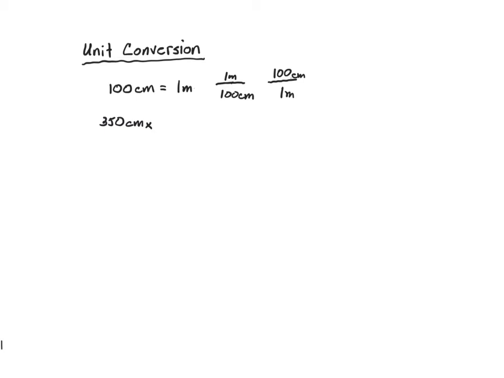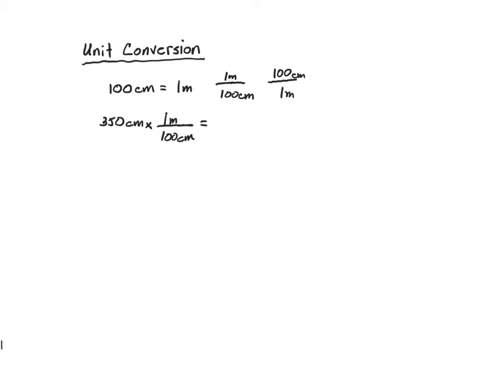Which one do we use? Well, the best way to remember it is that you want to choose the conversion factor where the units that you want are on the top. So here we're starting off with 350 centimeters, and we want to convert this to meters, so that means the meters need to be on top. So we have 1 meter on top and 100 centimeters on the bottom.